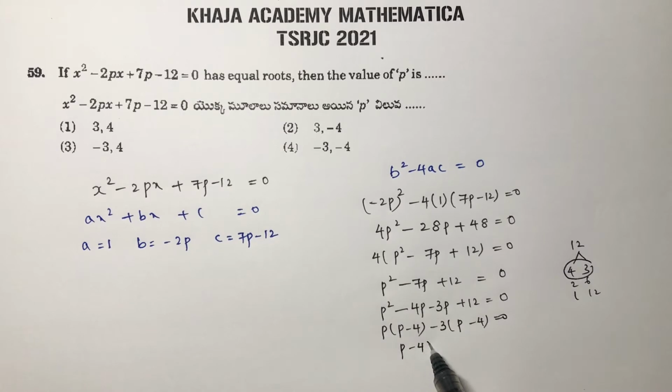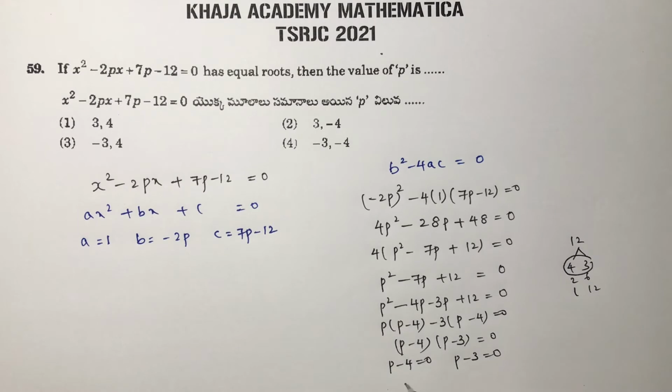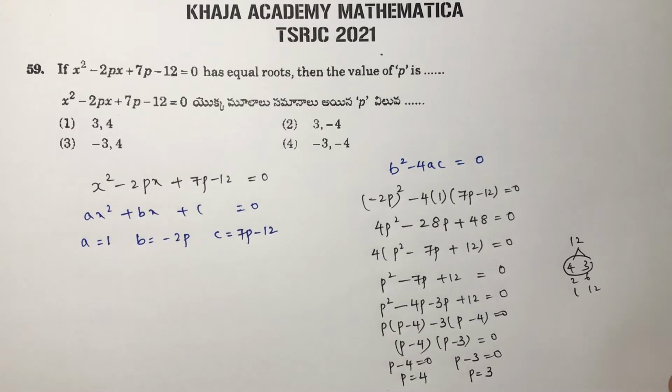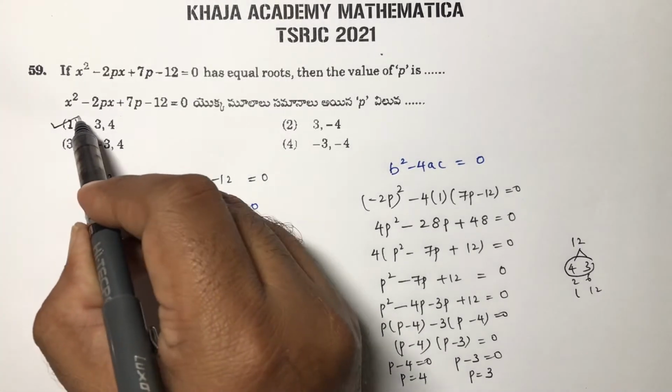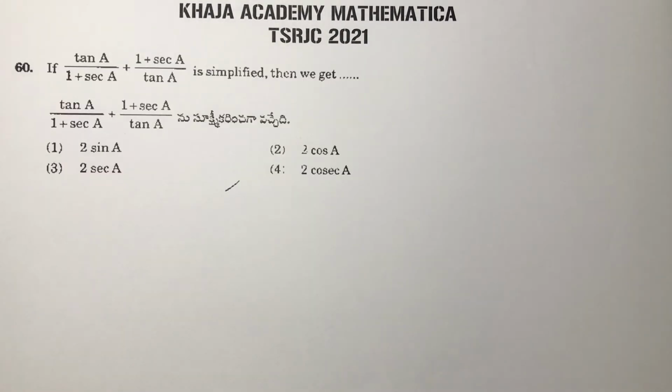So p minus 4 into p minus 3 equals 0. P minus 4 equals 0, p minus 3 equals 0. So p equals 4, p equals 3. So the answers are 3 comma 4. So the correct option is 1, 3 comma 4.